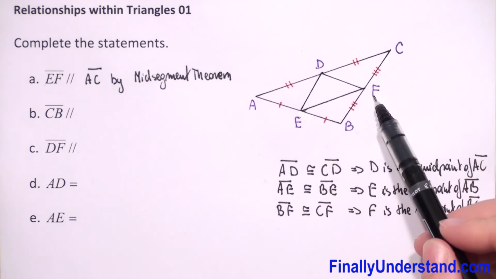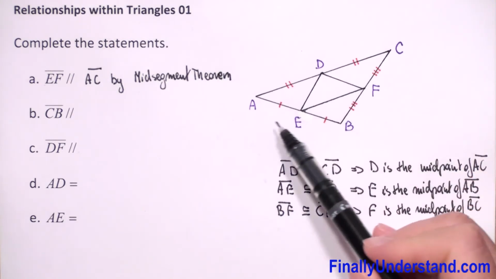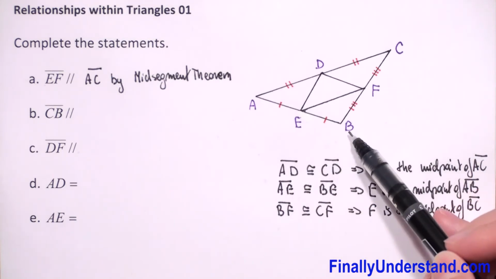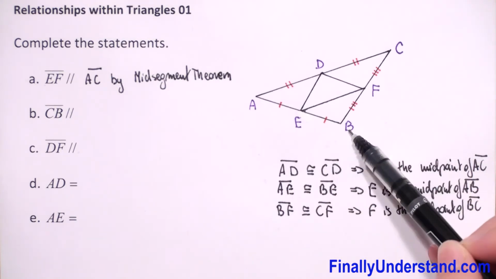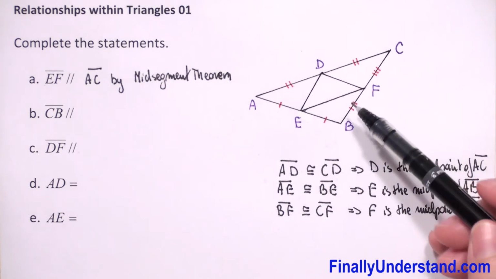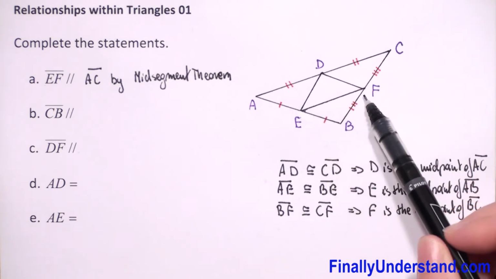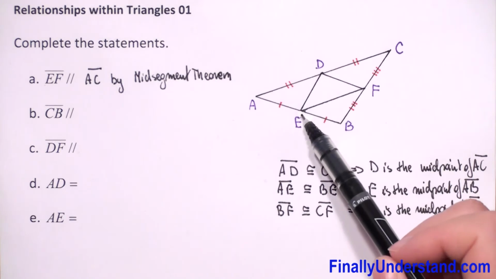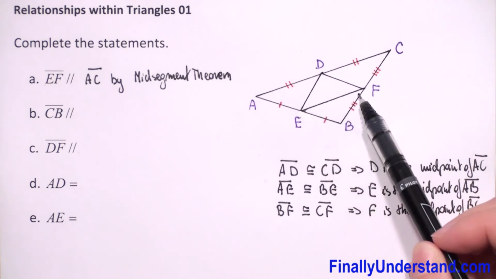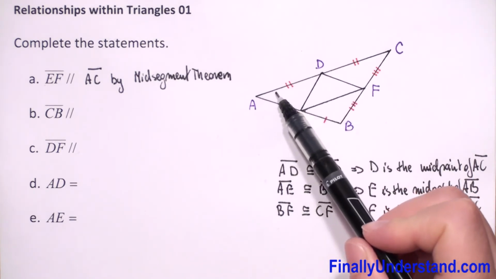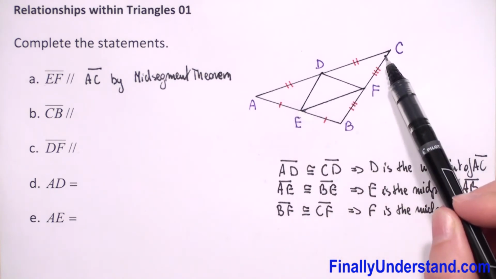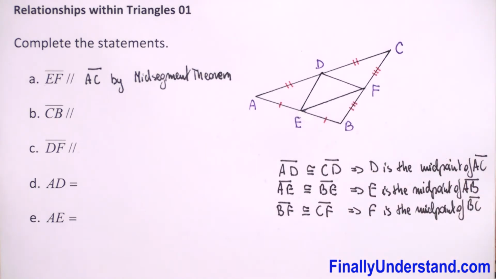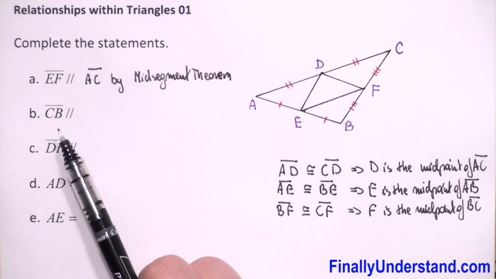E and F are the midpoints of AB and CB, or we can say BC, it's the same. So because E and F are the midpoints of segment AB and BC, it means that this segment EF is parallel to the third segment AC.